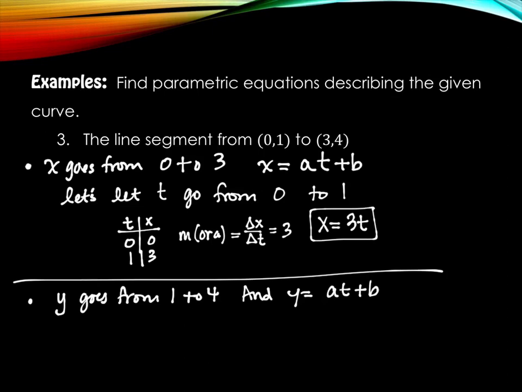Now, these a and b are different a's and b's, so if you want to subscript them to identify them separately, go for it. But again, in terms of a table of values, we have to let t do the same thing. Whatever you chose for t to do with x, you have to have the same t doing it for y. So you don't get flexibility in this one. Whatever you did before, you have to do it again. So, when t goes from 0 to 1, y goes from 1 to 4. Exactly.